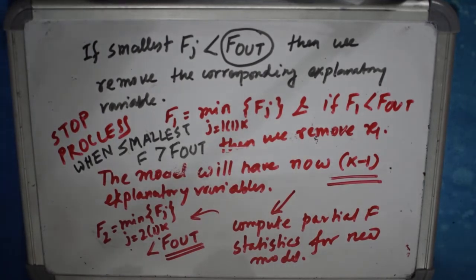F out is a pre-specified value. This depends on the experimenter's choice.